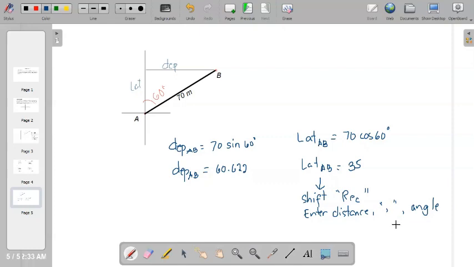Then you close the parenthesis and enter, and that will be your latitude. And of course your departure is 60.622. Here you can just press the arrow that shows Y. Sometimes you will really get confused because you will wonder why.